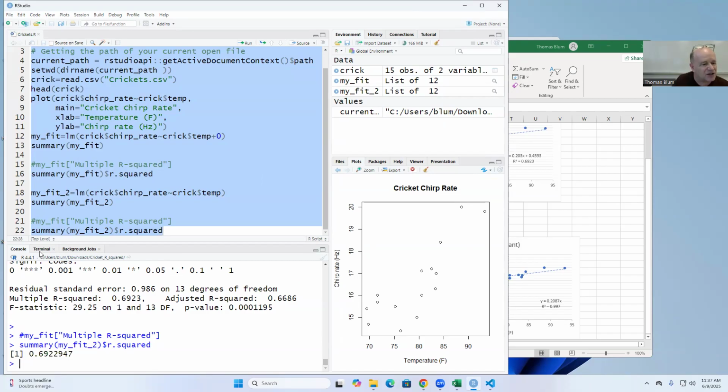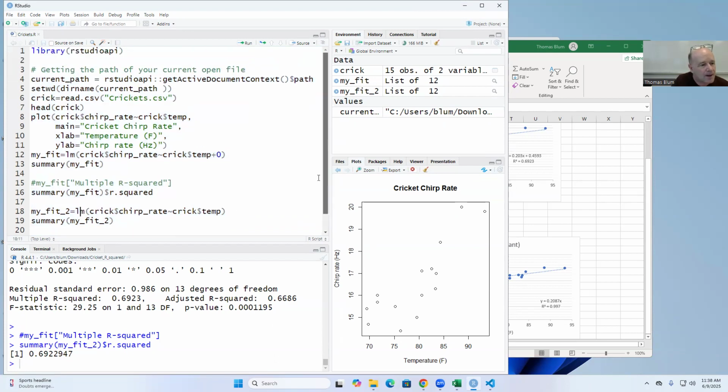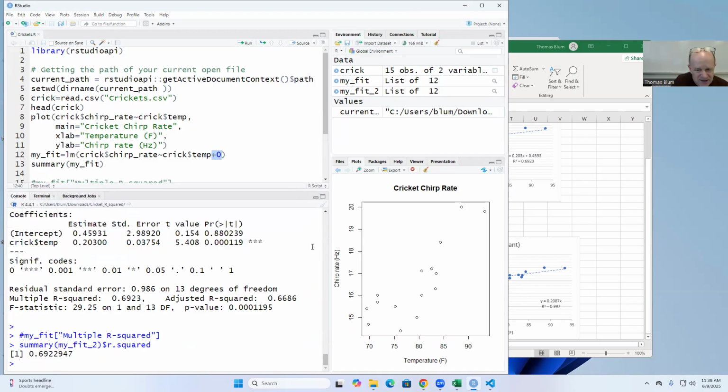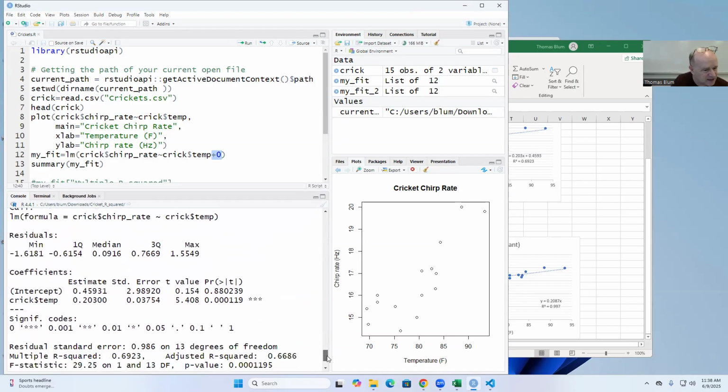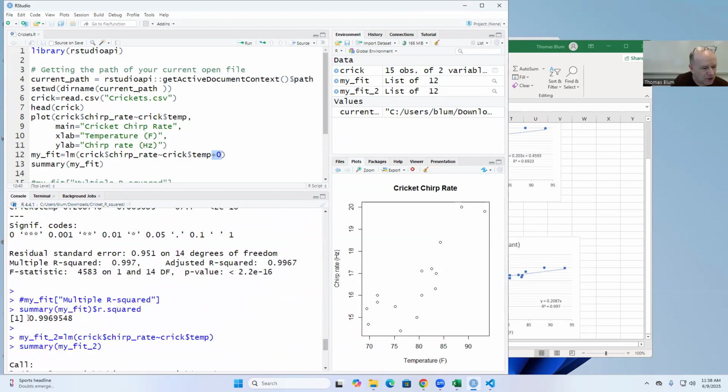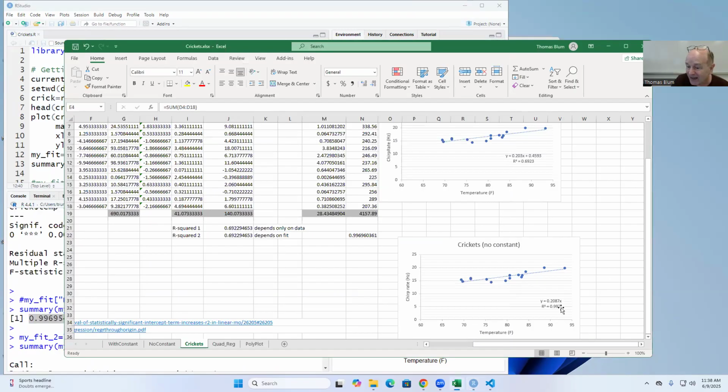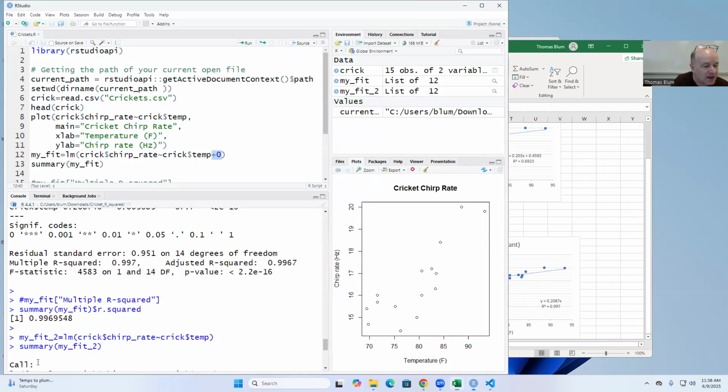What I'm calling fit 2 is a regular linear model, but my fit was a linear model with the intercept set to 0. And then we see, similarly to what we saw in Excel, there's an R-squared of 0.9969, 0.997 here in Excel.